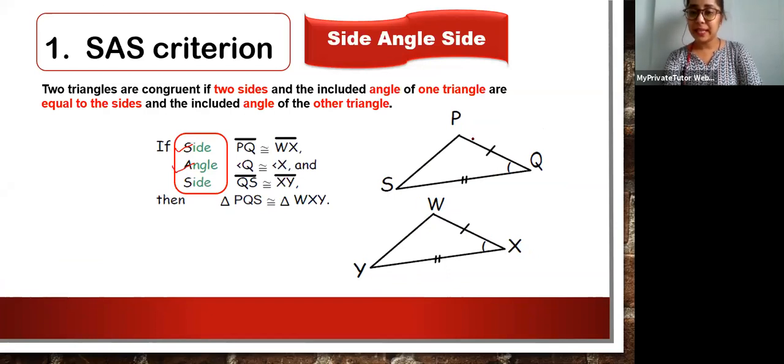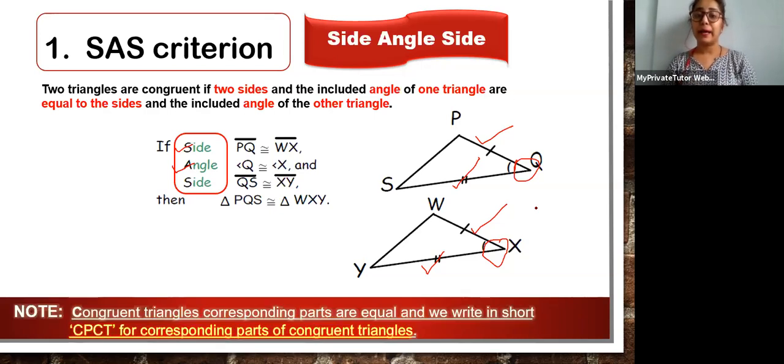QS and XY are congruent. So in this case, if we talk about this angle and this angle, side and angle is done, and this side. Okay, so side, angle, and side. So we have two sides and one angle. Therefore, this category is satisfied and triangle PQS and triangle WXY are congruent by SAS test.